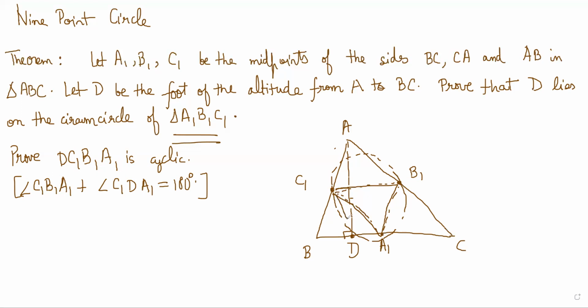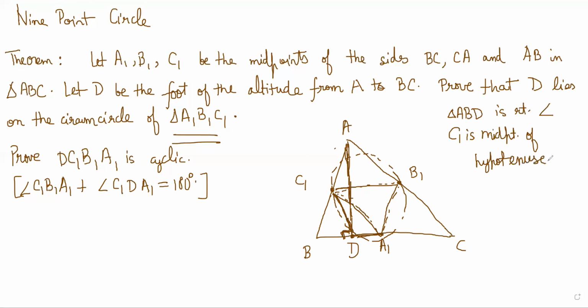I will join CD now. Look at the triangle ABD. Triangle ABD is a right angle triangle, because this is an altitude. And C1 is the midpoint of the hypotenuse.